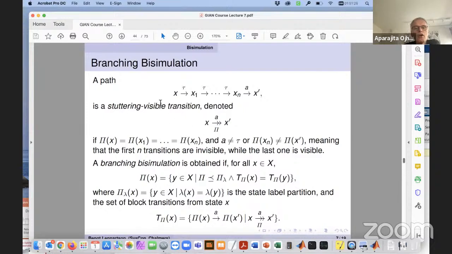I think we can say that I introduce here a notation that, if I have a sequence of tau events with the same state label, followed by a visible event to another state, this can be expressed in this way, where the pi here says that you have the same state label, or even that they belong to the same partition. And this is what I call here a stuttering visible transition.